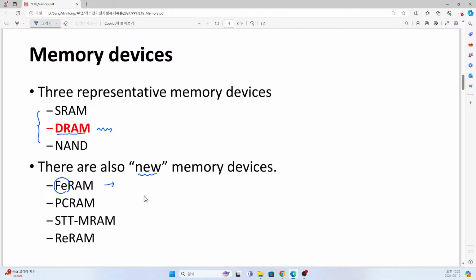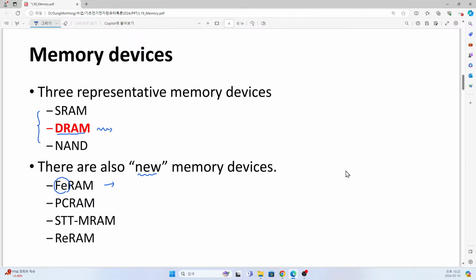Nowadays ferroelectric material gains a lot of research interest worldwide, and ferroelectric material can be used as a storage material. It has certain domains, and for example, this domain or that domain can be written and read by electrical operation.